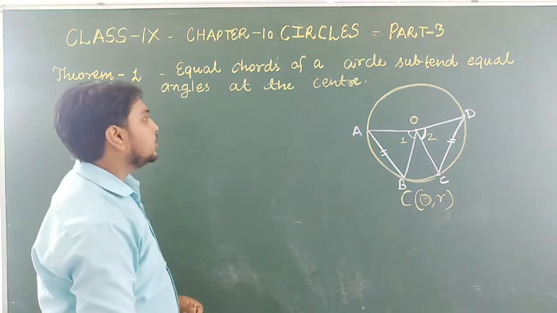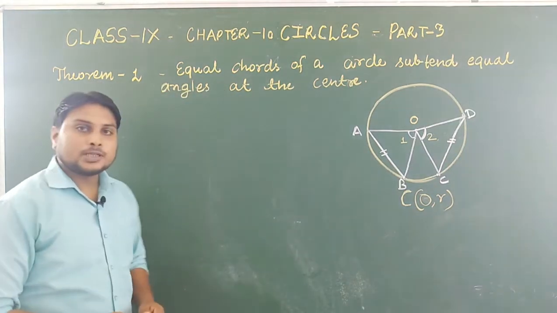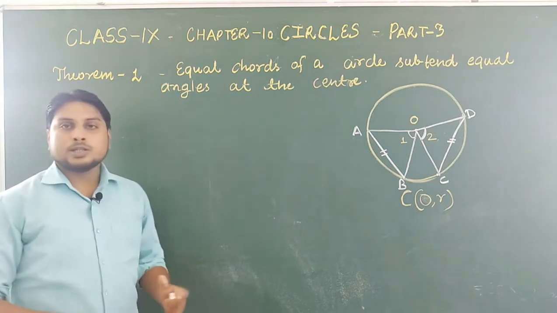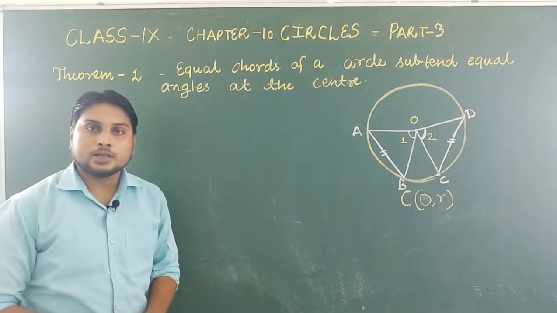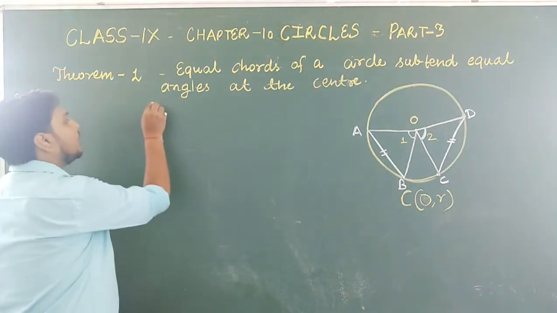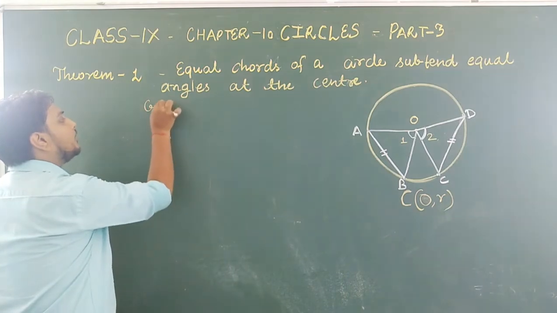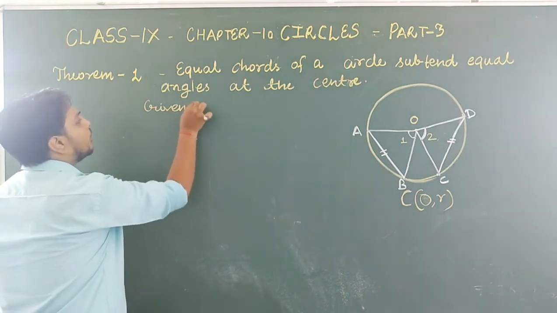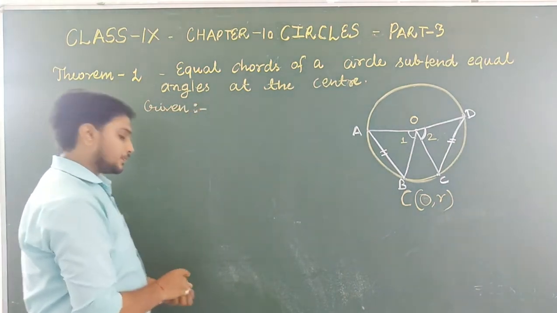Students, so how will we do this? Let us see. Firstly, we will follow the same procedure of proving the theorem. The procedure is: firstly, we write the given part. What is given?